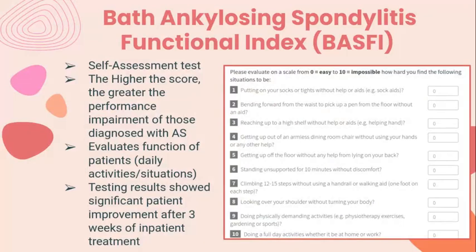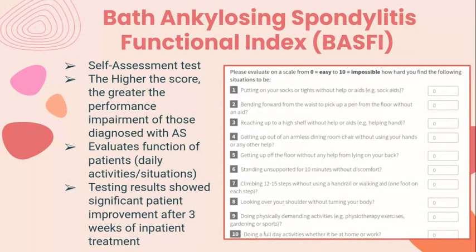And next, the Bath Ankylosing Spondylitis Functional Index, or BASFI, is a self-assessment test, and the higher the score, the greater the performance impairment of those diagnosed with AS. This assessment evaluates function of the patients with daily activities and situations, and testing results showed significant patient improvement after 3 weeks of inpatient treatment. So this was done in a study.